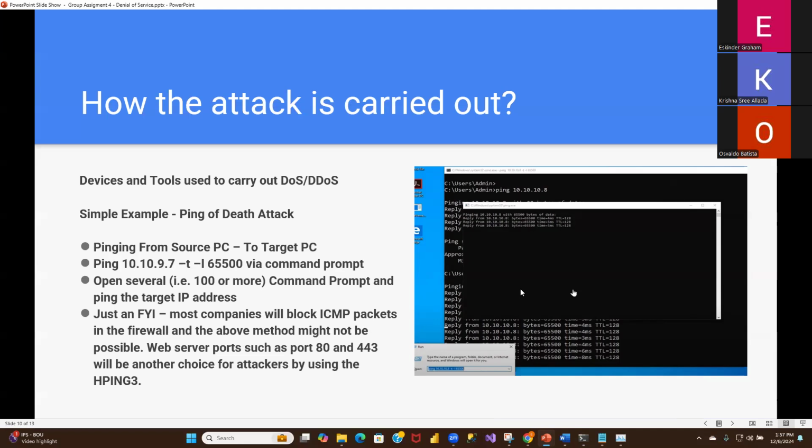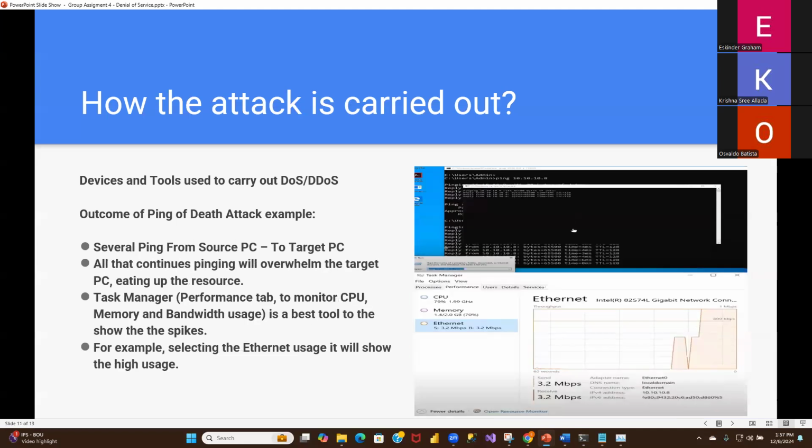You could also monitor how the resources get suffocated: CPU, memory, and Ethernet usage.